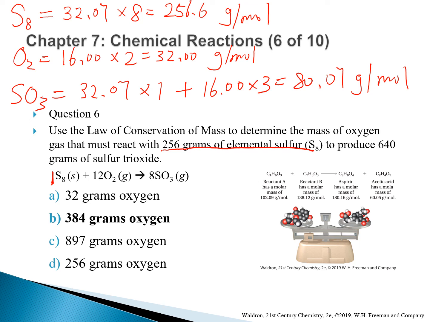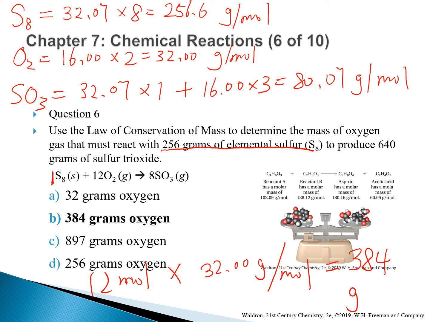Therefore, if 1 mole of oxygen is 32.00 grams, and we have 12 moles of oxygen, you can simply multiply them to give you an answer of 384 grams of oxygen needed.